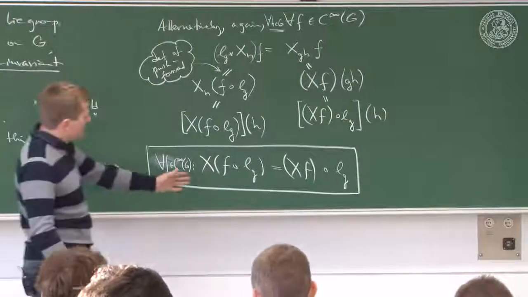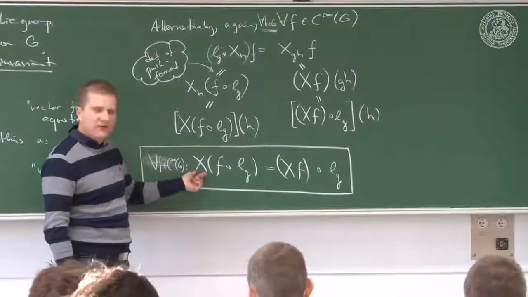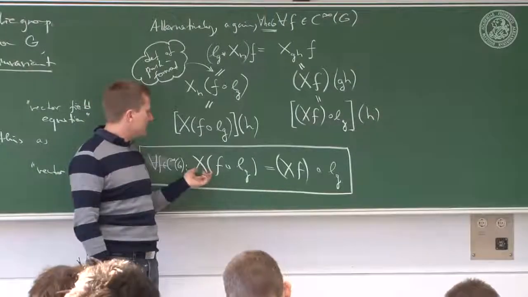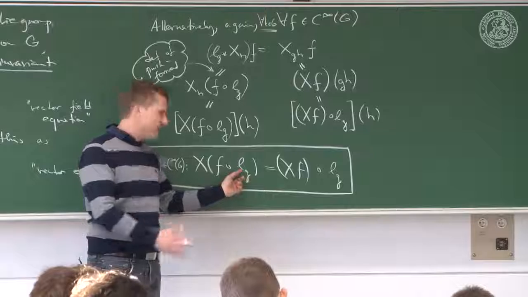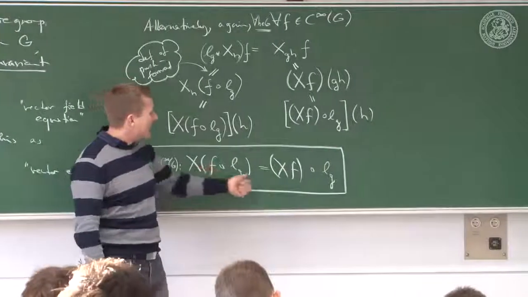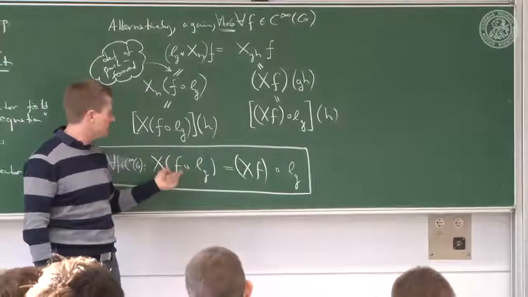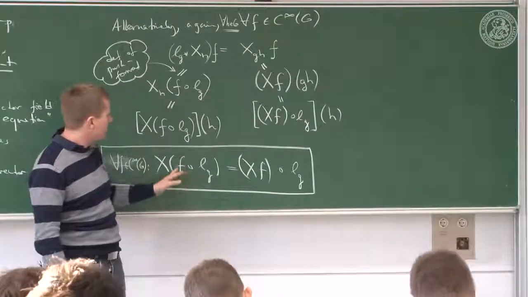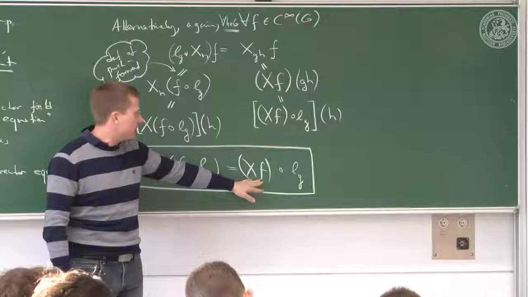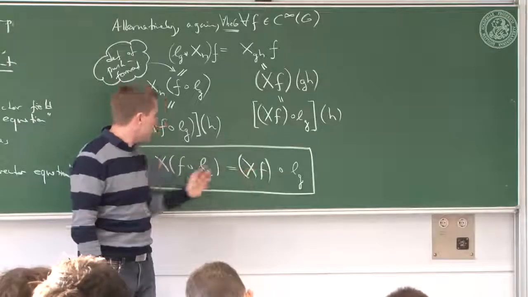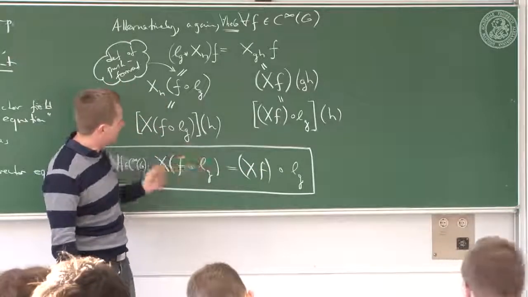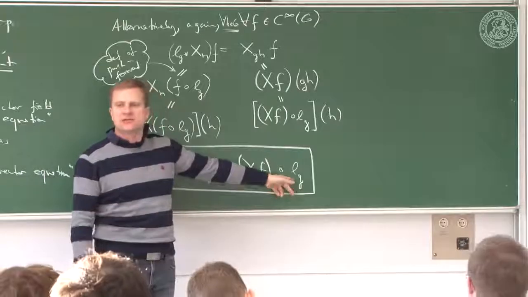So you see, you can also think of a left invariant vector field as acting on f after a left translation by acting only on the first f and ignoring the LG as far as the action of the vector field is concerned, this LG pulls out.